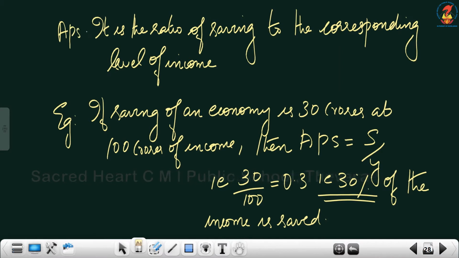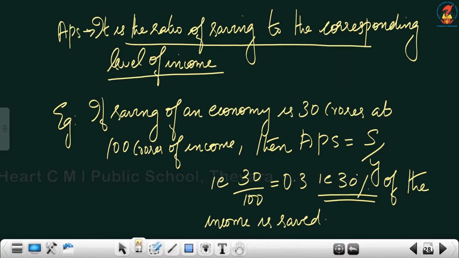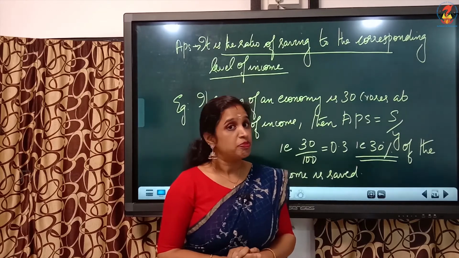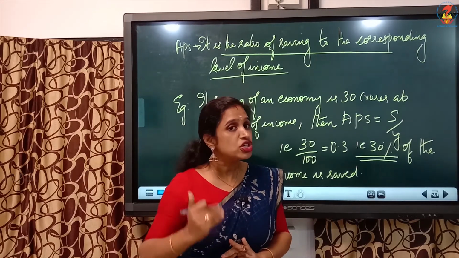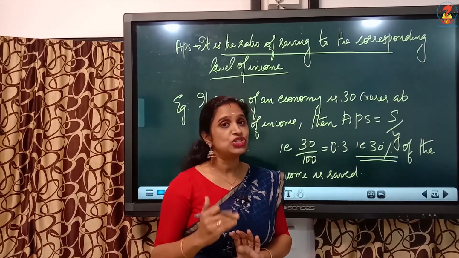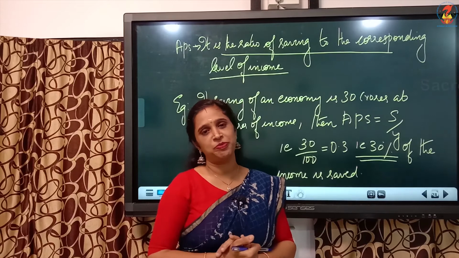APS refers to the ratio of saving to the corresponding level of income. Just as we explained APC, in the same manner we will explain APS. APC is the ratio of consumption to income. Likewise, APS is the ratio of saving to income.